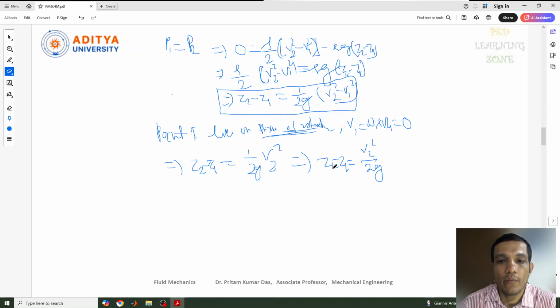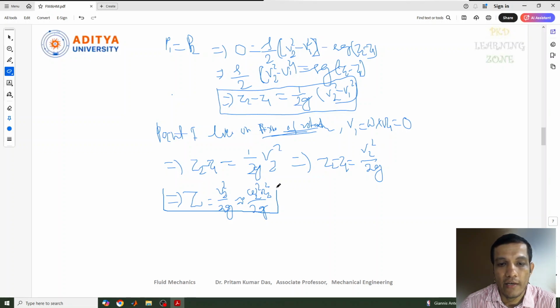Now if we mark Z2 minus Z1 as capital Z, we can write capital Z equals V2 square by 2g, or if you want to put in the value of V2, omega square R2 square by 2g.